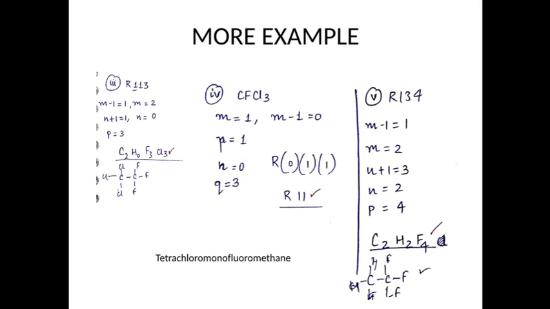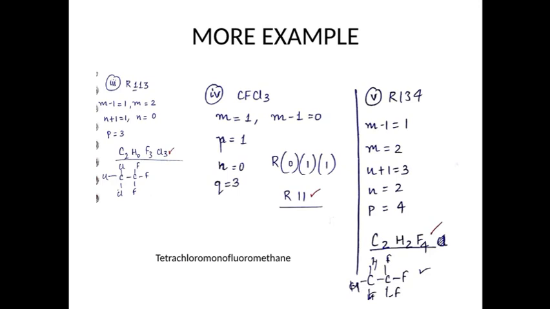If you take another example like R113, this is a 3-digit number, so here we don't need to put 0. M minus 1 equals 1, so M equals 2. Similarly N plus 1 equals 1, so N becomes 0, and here P equals 3. So what you have is C2, H0, F3 and Clq.